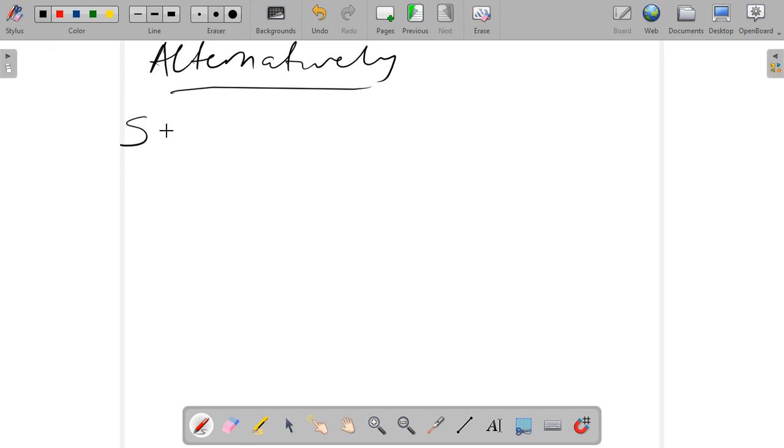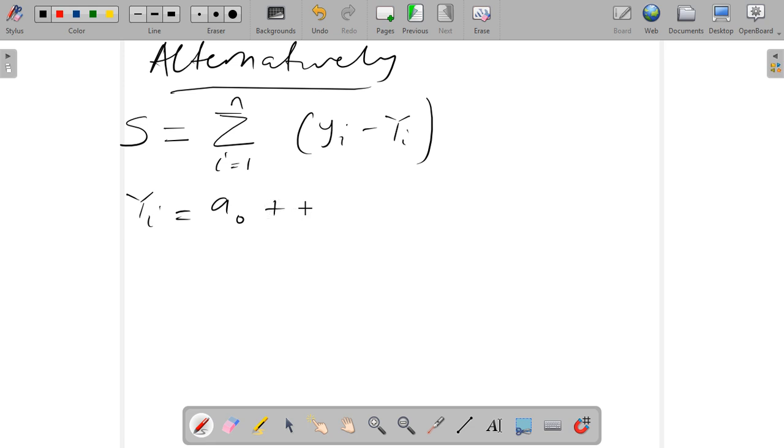Now our residue S, which we want to minimize, is equal to the summation of i starting from 1 to n of your yi minus capital Yi. Don't forget this. The yi is always given, and the capital Yi is something saying a0 plus a1 xi.